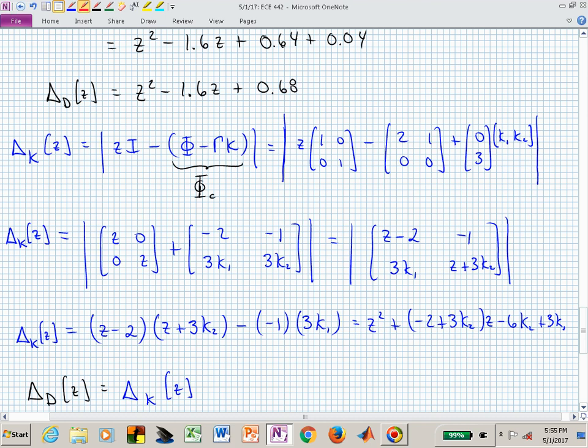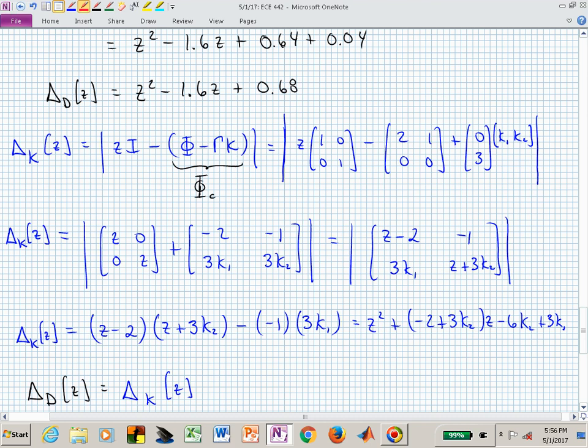We would have a k1, a k2, a k3, and a k4, and this delta sub d of z would be fourth order. Maybe we would pick two of those roots to be dominant, and maybe the last two would be at the origin. So that wouldn't be that difficult to build.